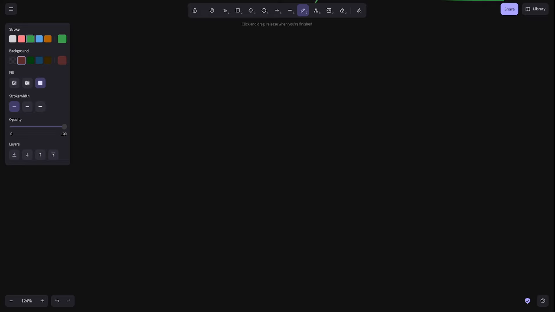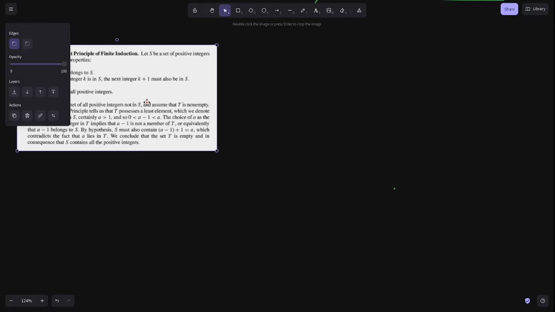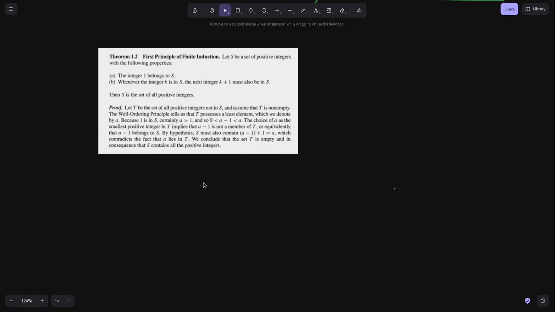Let me close this and get the next thing, the theorem of the first principle of induction. So yeah, this is the thing. The first principle of induction states something like this.